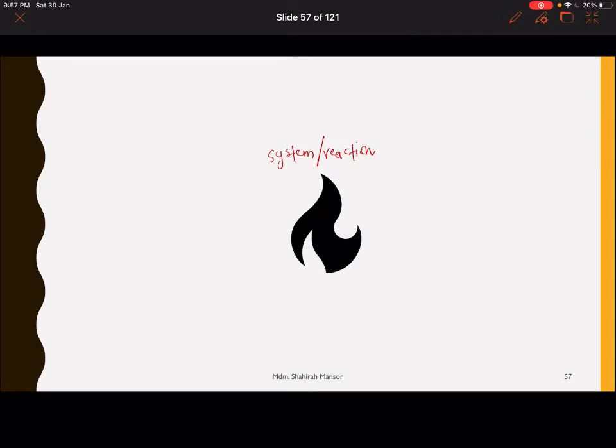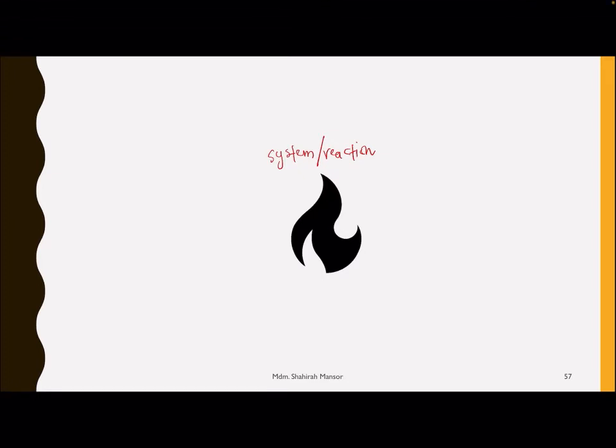Sometimes we couldn't find the amount of energy released directly from the reaction itself. Why? Because maybe we lack information regarding the reaction. So in that case, we are unable to calculate the enthalpy of the reaction or the amount of energy released from the reaction directly.